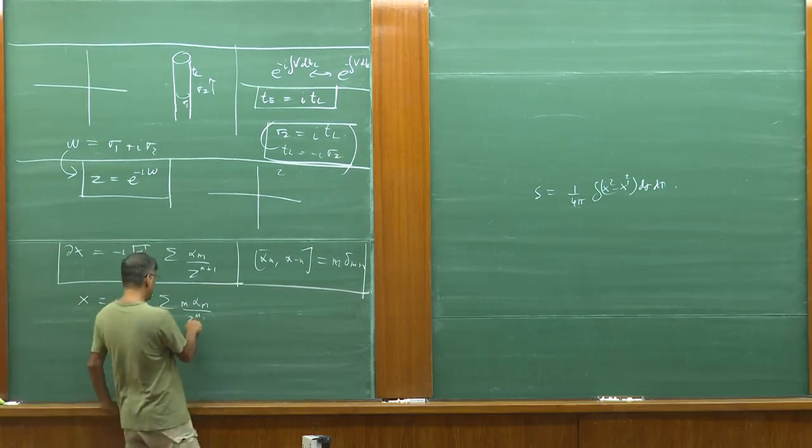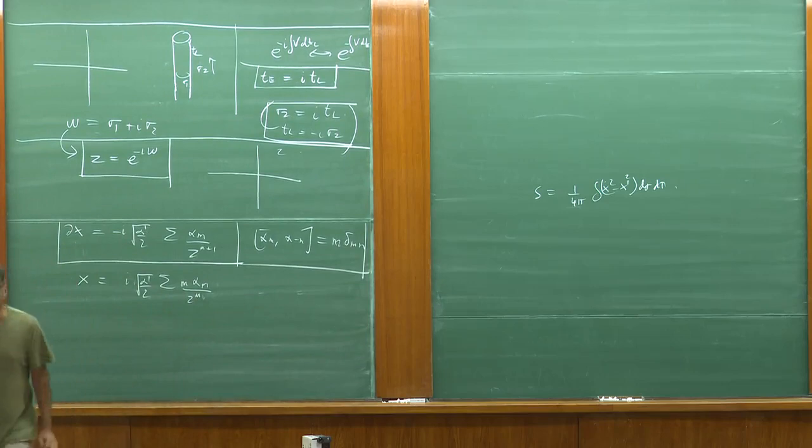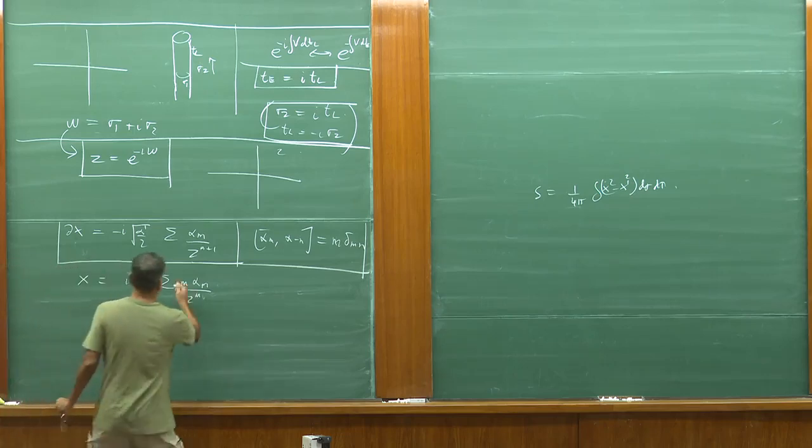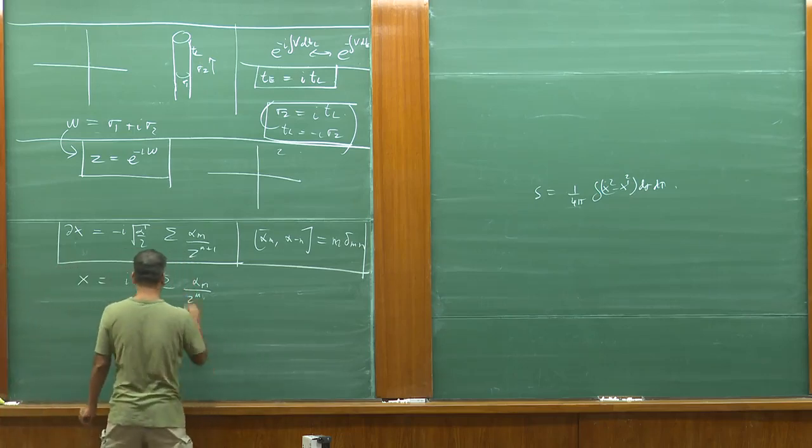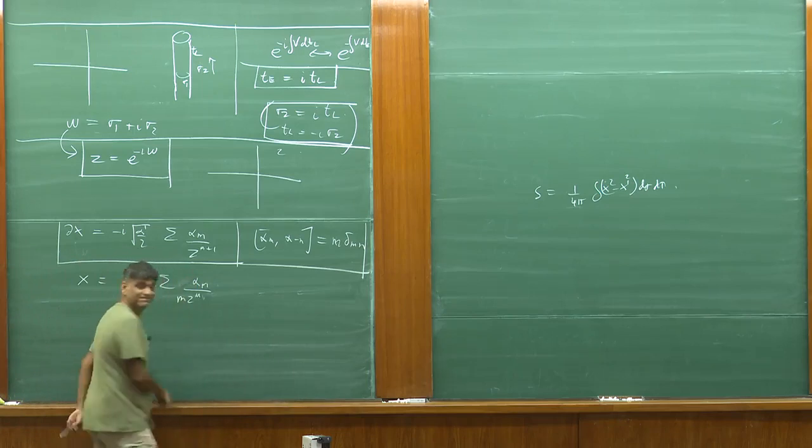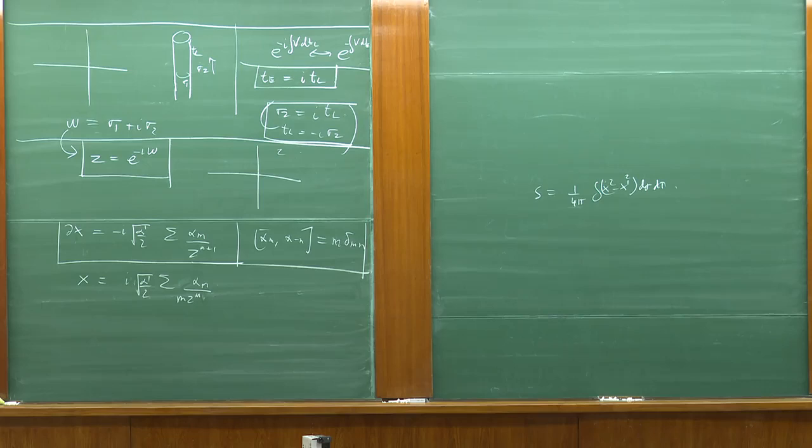Let's take this z to the power m. What? m is in the denominator. Thank you, it's 1 by m. For negative m, the x field will have a singularity at the origin. That is correct, and this is because the x field, when acting on the vacuum, produces a state.